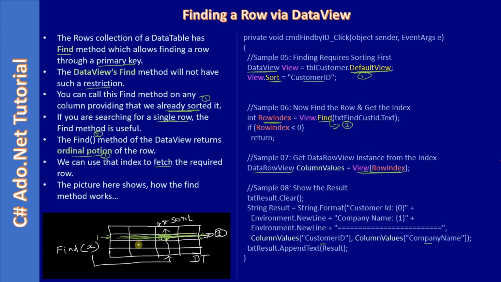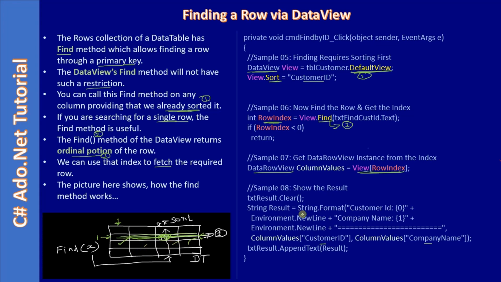Say for example, let's assume this is the customer ID and this one is the company name. That means we have to sort the ID because we are finding based on the ID, and these two columns we picked. If you want to pick other columns, you can specify column value of X, column value of Y, like that.